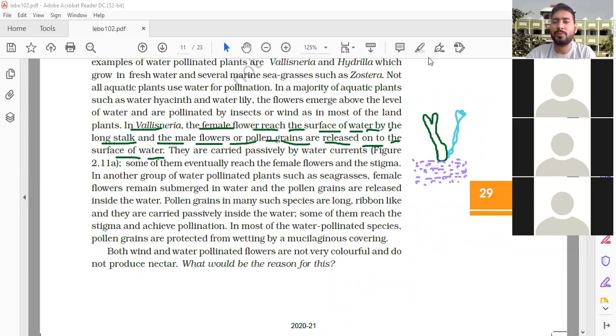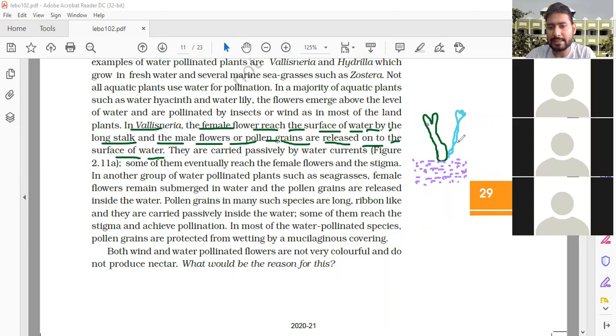Okay, this I've given. Read again, what is it saying? In Vallisneria, the female flower reaches the surface of water. It comes to the surface of water by a long stalk. Another one, the male flowers or pollen grains are also released on the surface of water.